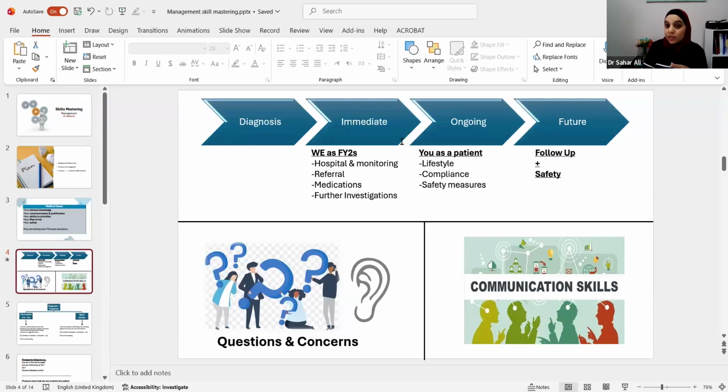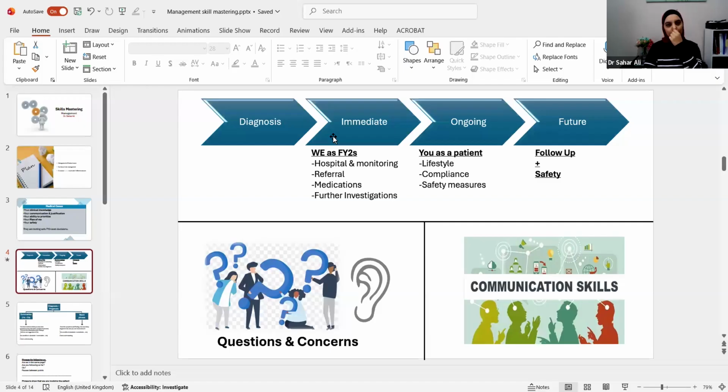So the first part in the management you have to think about is this process. You have to think about your diagnosis, how to tell the diagnosis simply, and how to give a professional or a provisional correct working diagnosis. And we are going to discuss how we give a professional provisional diagnosis.